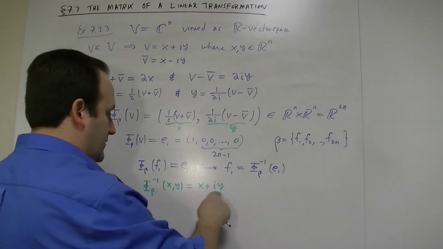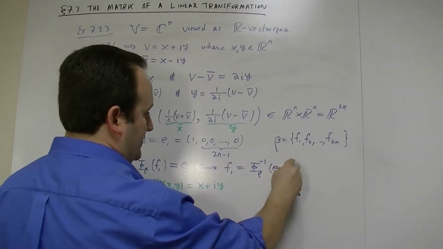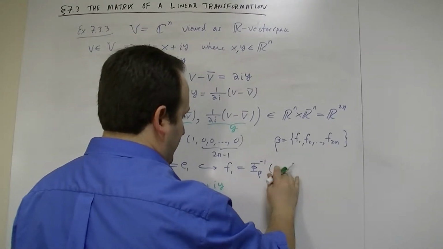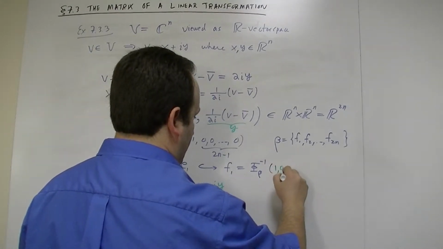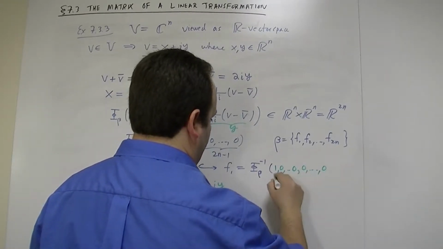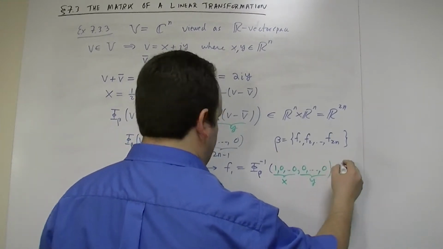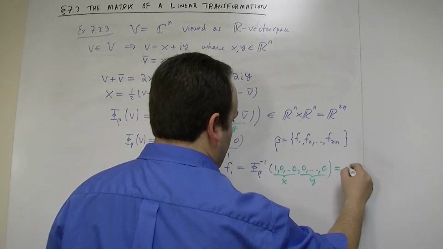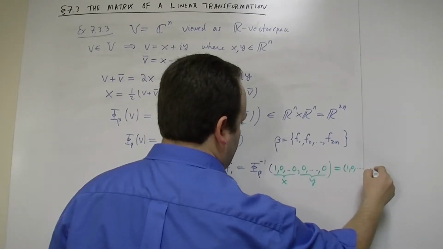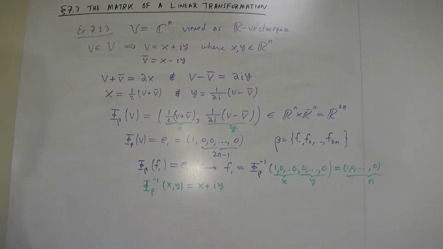Once you know that though, phi beta inverse of what? Of E1, but another way to write E1 of course was (1, 0, ..., 0, comma, 0, ..., 0). So this is like my x, this is like my y. So x plus iy is just (1, 0, ..., 0), n of these. And I'm tired of this example, so I'm going to tell you the answer.